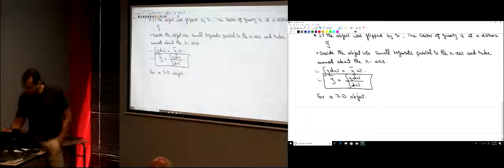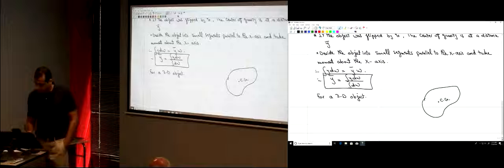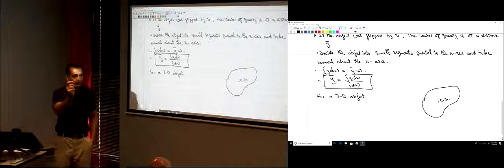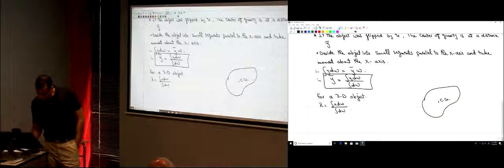For a 3D object, there is a point, the CG, the center of gravity. So you have to find this point in space. So where's that point? X bar is the integration of x dw divided by the integration of dw. Y bar is the integration of y dw divided by the integration of dw.